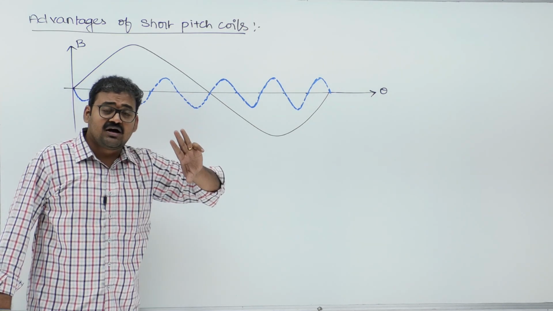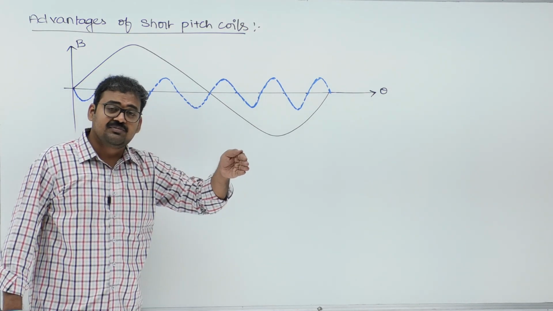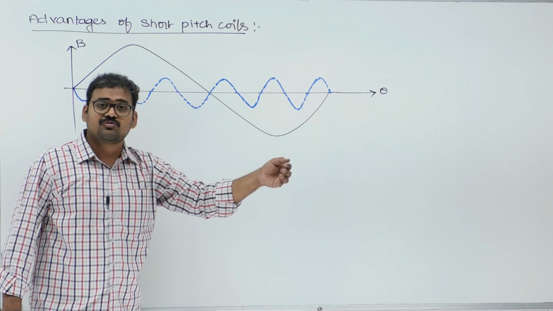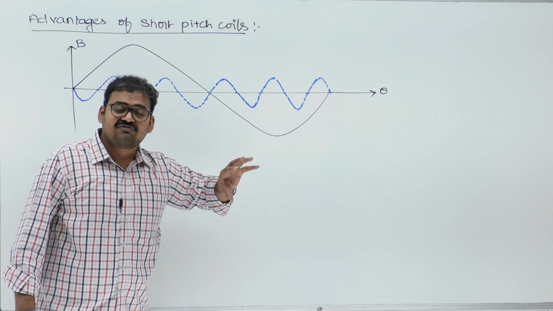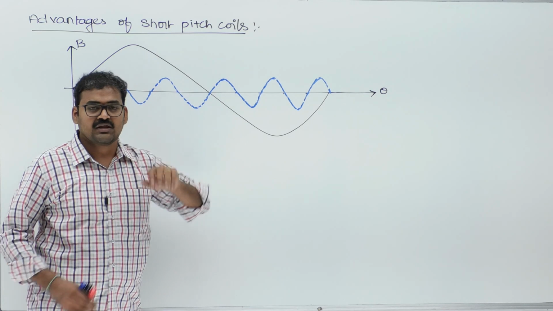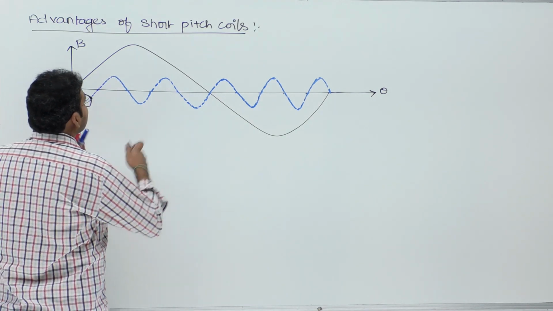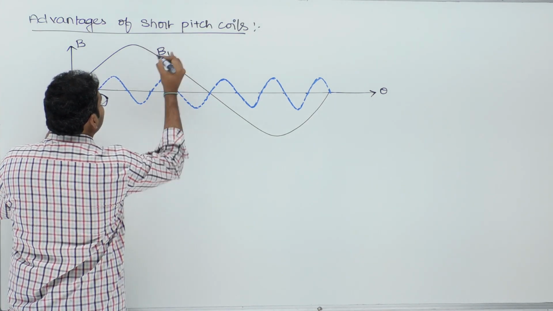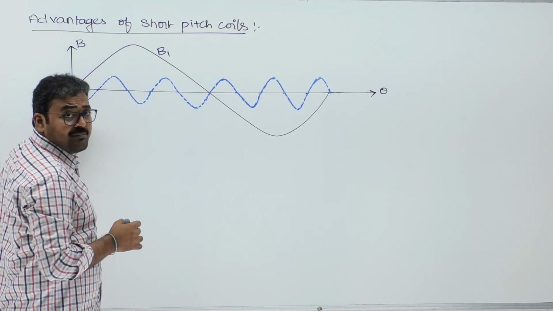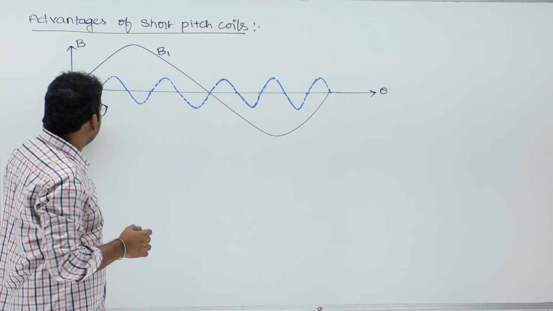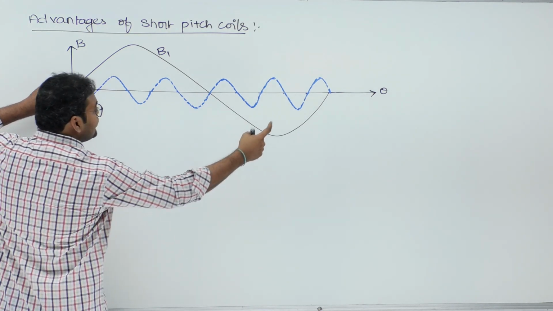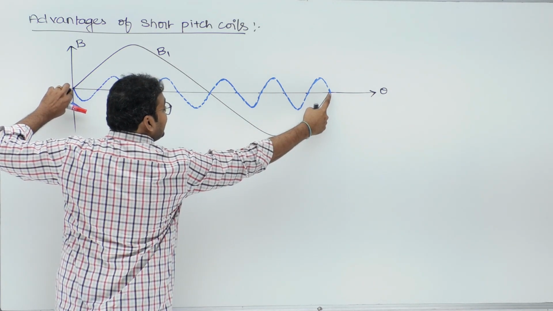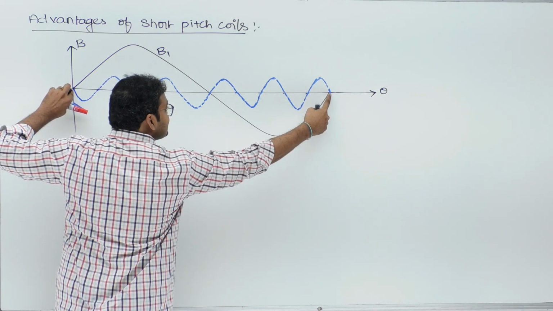Like that, third harmonic will be there, seventh harmonic, ninth harmonic, 11th harmonic, all odd harmonic flux components will exist. Now, this black color one is the fundamental flux waveform, let us say B1, the fundamental flux density waveform. And you see, from here to here, how many fundamental cycles are completed?